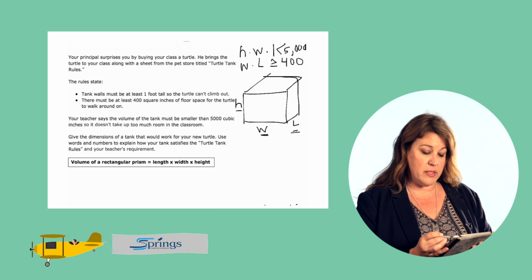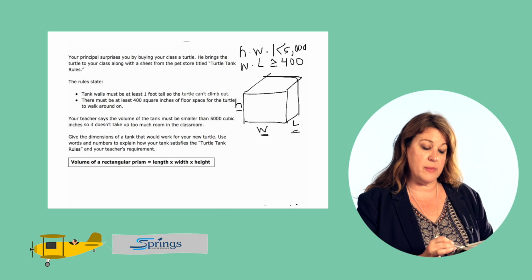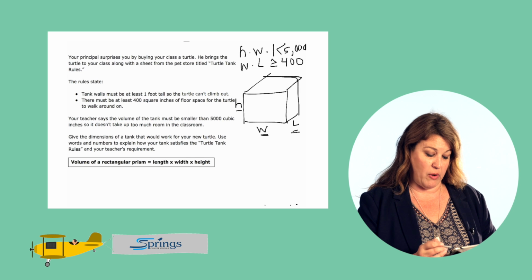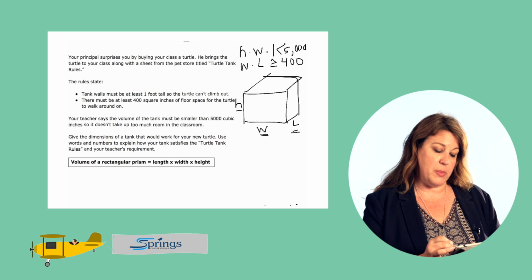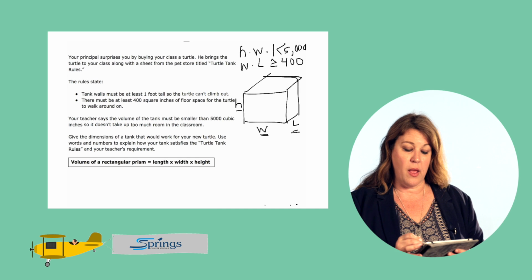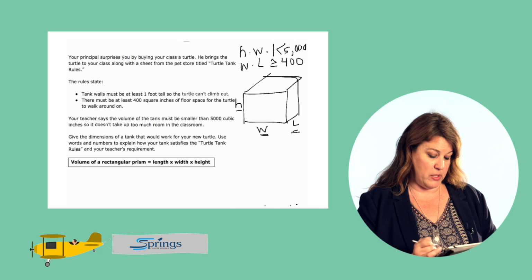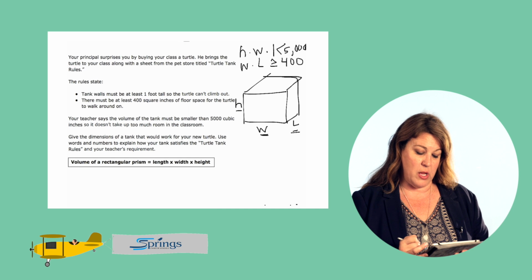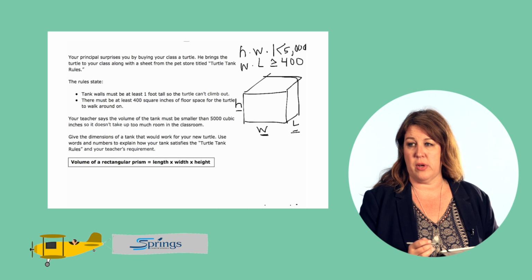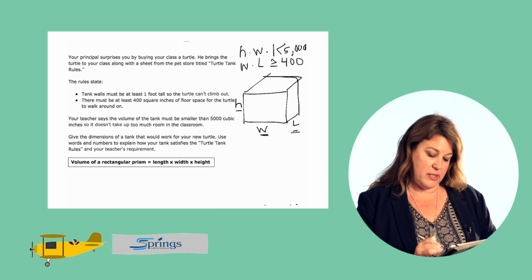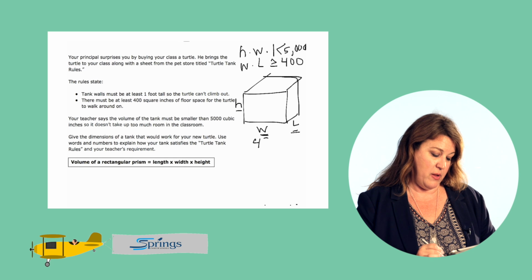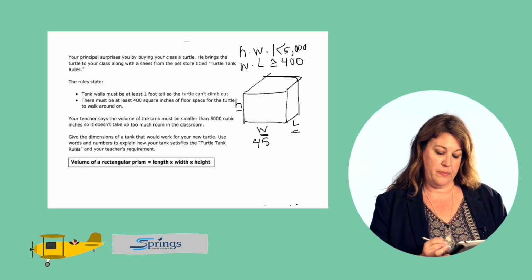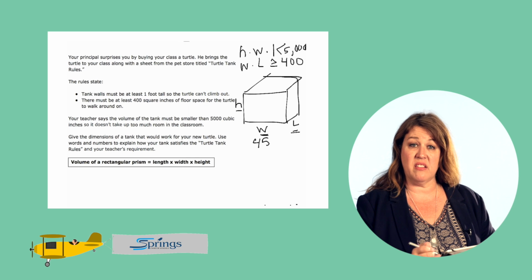So let's start with the width times the length. We'll design our floor first. The width times the length has to be equal or greater than 400. So what 2 numbers can we multiply together that are equal or greater to 400? Let's decide to make the width 45 inches, and let's make the length 10.